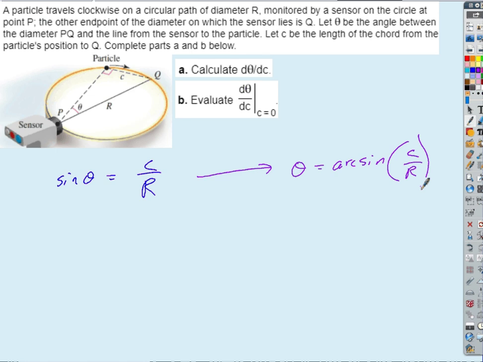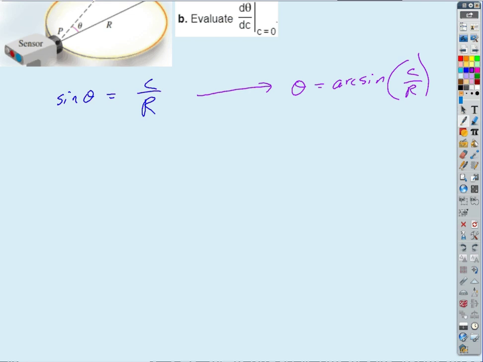So the derivative of arcsine u, what was that again? u prime over the square root of 1 minus u squared. Bingo. So if we just apply our standard form, d theta dc would just be u prime. Well, what's u prime?